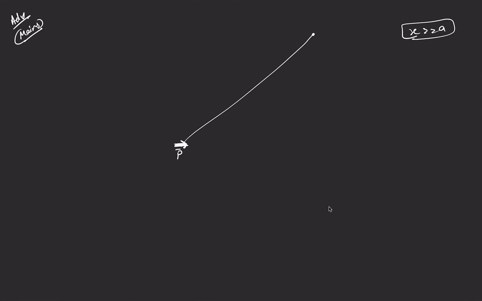We have to find the electric field at an arbitrary point which is not on the x-axis or the y-axis, but makes an angle theta with the x-axis, let's say. Using the formulas that we just derived for the electric field at the equator and axis, we can easily find this.